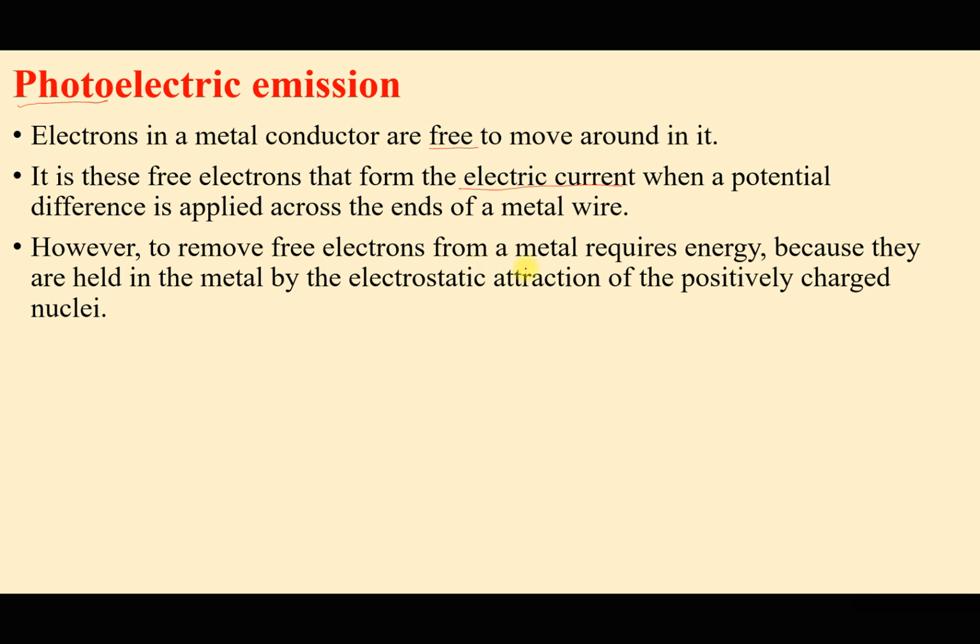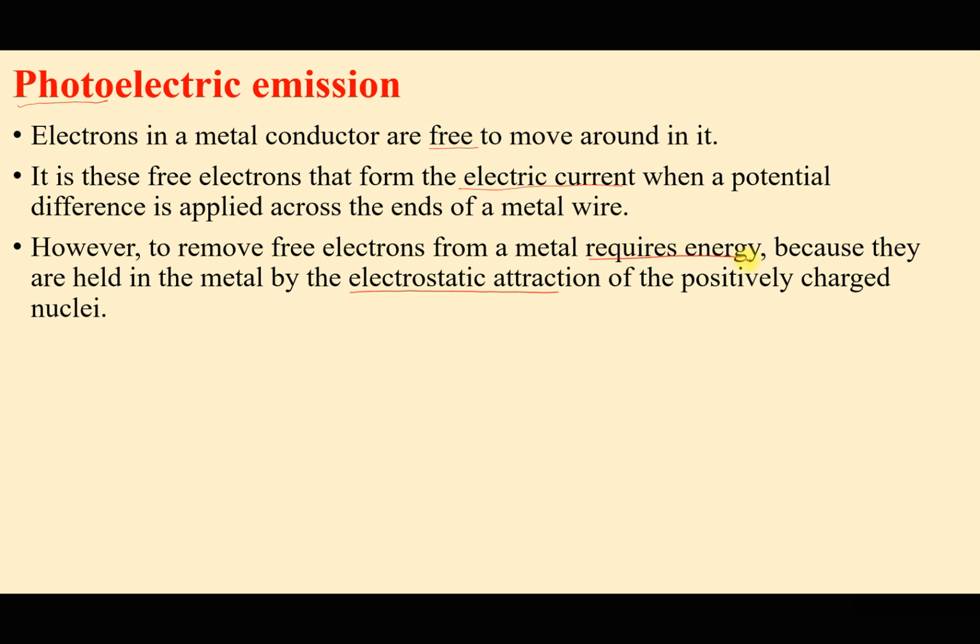However, to remove free electrons from metal requires energy. Even though these electrons are free to move within the metal, to remove them from the metal would require energy, simply because they are held by the electrostatic attraction force from the positively charged nuclei within the conductor. So to remove them completely from the metal conductor would require energy.